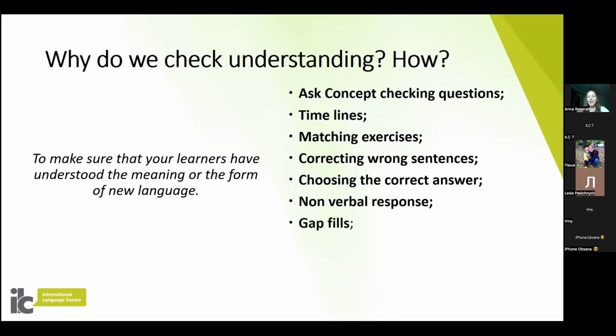Thank you very much. We can ask them to do some gap fills. We can ask them to, for example, finish our sentences. And we can ask them to make sentences about themselves, to see if they got what the grammar is.